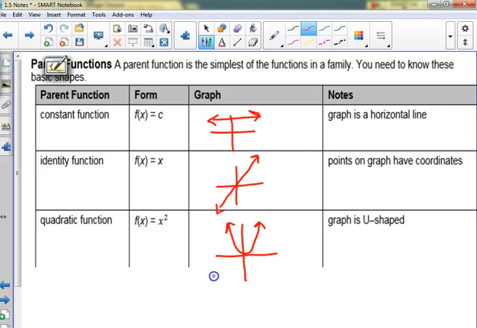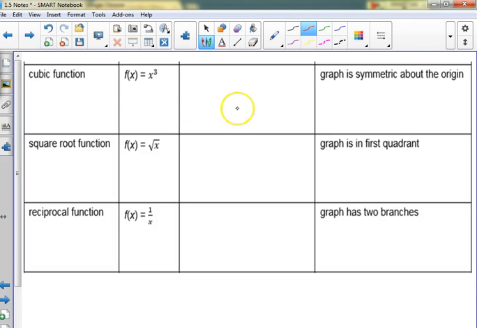It's not necessarily true of all the transformations. In other words, this cubic function, it says, is symmetric about the origin, and it looks like this, okay? If I slide that to the right one, is it symmetric about the origin anymore? No. Okay, so just so you know, it's the parent function that this is true of.